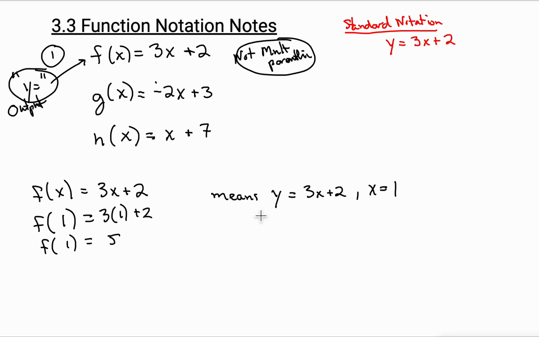So when we wrote it, this arrow means when x was 1, y was 5. So we wrote it as a coordinate pair.